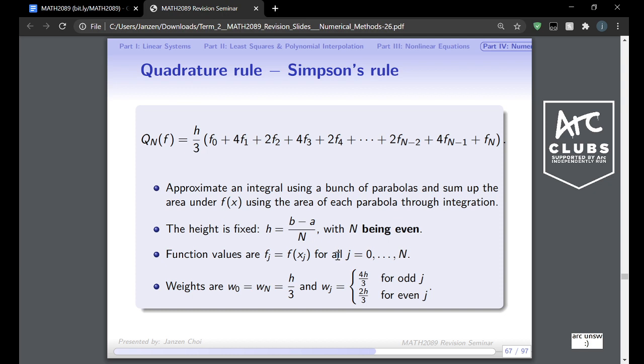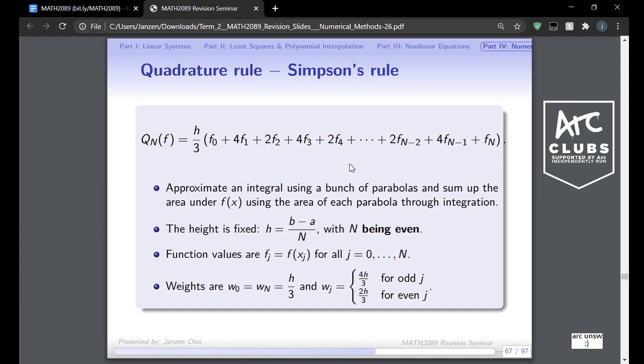The weights of Simpson's rule are a bit more complicated, in that the first and last elements have weights of h/3, whereas the other elements have alternating weights of 4h/3 and 2h/3. So if n were equal to 4, the weights inside the brackets would be 1, 4, 2, 4, 1.